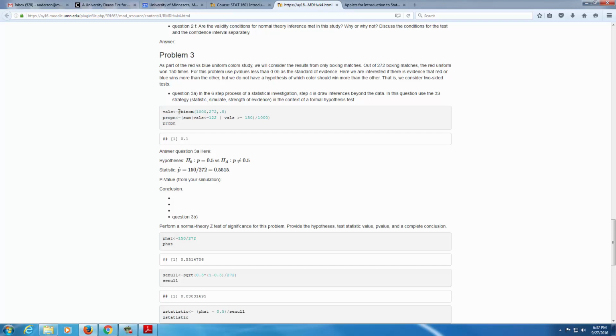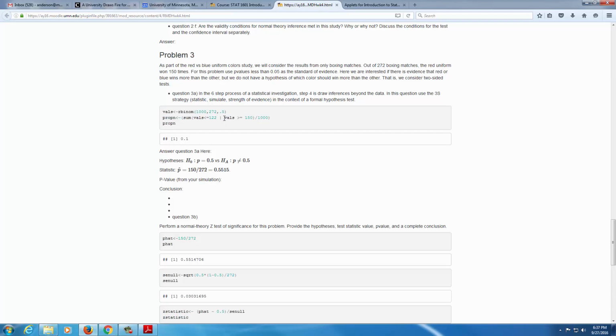From those simulated trials, we're going to add up the number of simulations where the number of victories for red is 150 or greater. Remember that in the problem, red won 150 times. So if we want to find the fraction of simulations that are more extreme than 150, that's what's being measured right here, where we find the number of simulated trials that are bigger than 150.